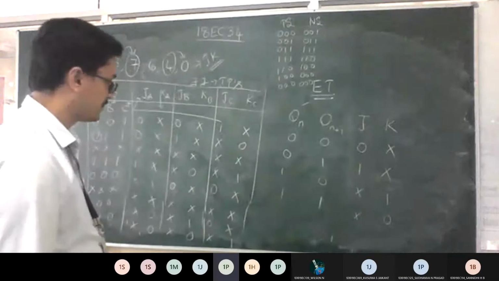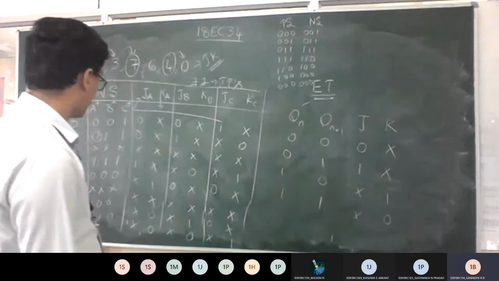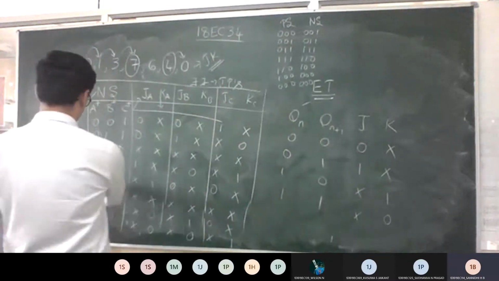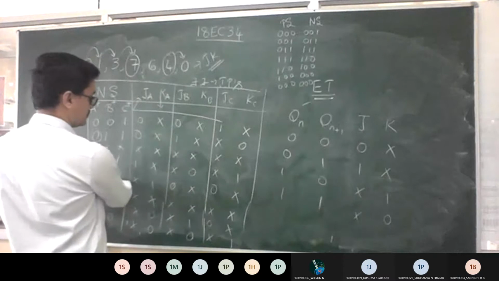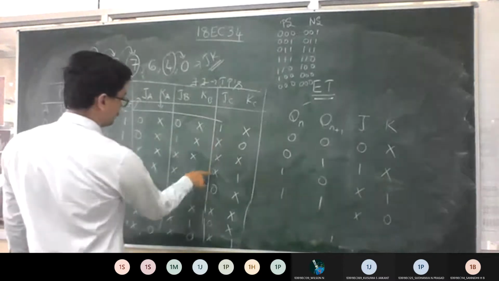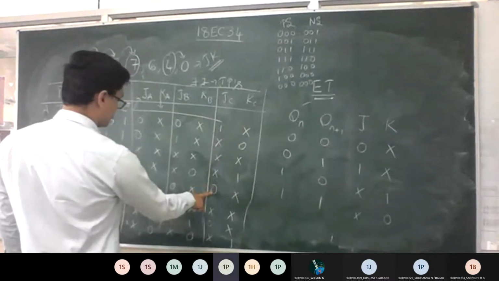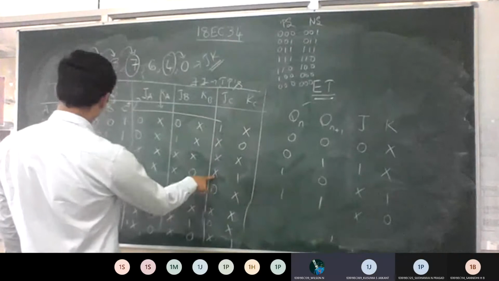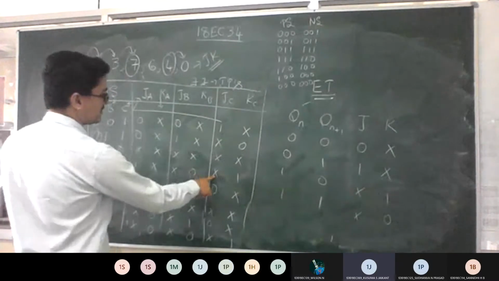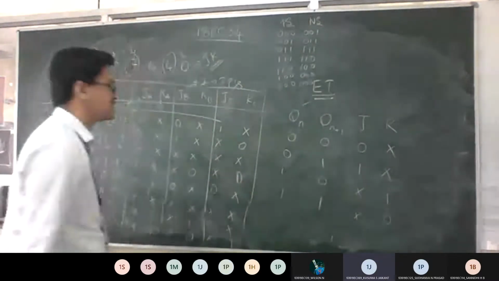Sir, the fourth one is x0? Fourth one: 0, 0, 0, 1, 2, 3, 4. The upper one, so x0. So the condition is x0.